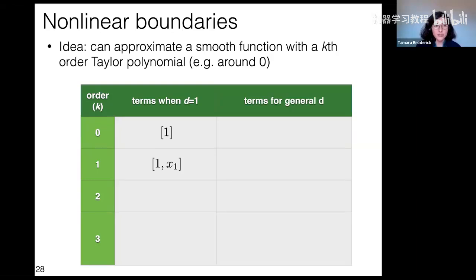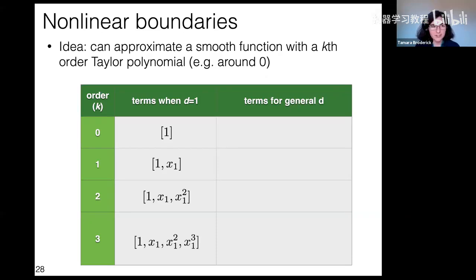If I take the first order Taylor expansion of a function, I'm going to get a constant times 1 and a term that looks like a constant times x1, where x1 is our only variable, our only feature. If I look at the second order Taylor expansion, I'm going to get a constant times 1, add a term that looks like a constant times x1, and add a term that looks like a constant times x1 squared.